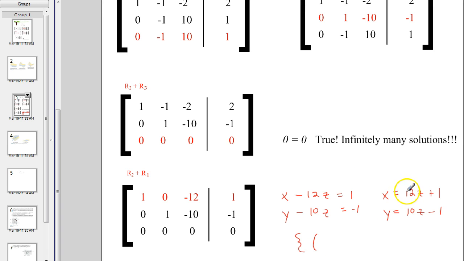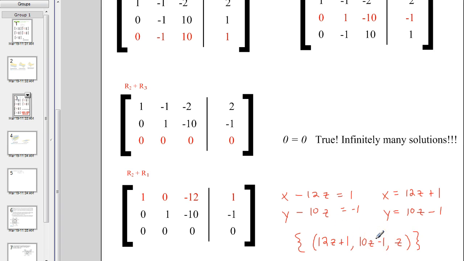So x equals 12z plus 1, comma, y equals 10z minus 1, comma, and then z just gets to be whatever z wants to be. So we say z is free to be whatever it wants. And then both x and y are dependent on z.